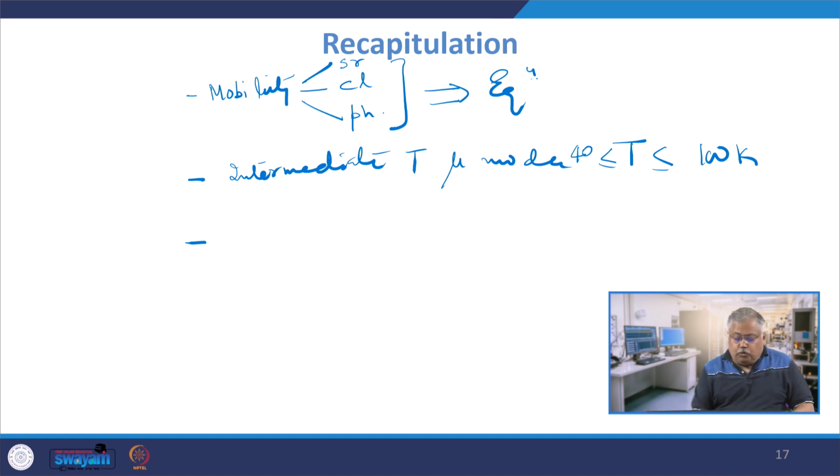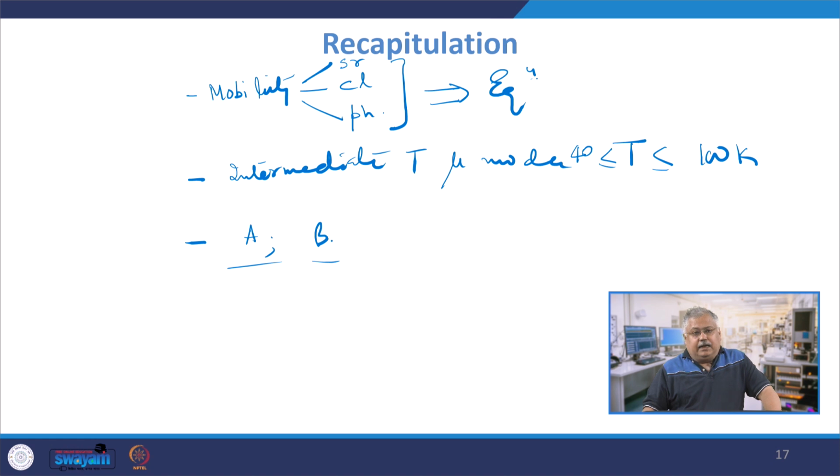We saw that there are two parameters A and B, and these parameters influence the mobility to a larger extent. So for example, if the surface roughness becomes larger, the value of A and B increases, and that reduces the value of the overall mobility.